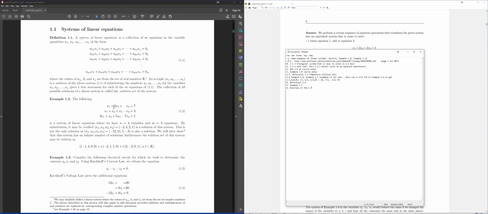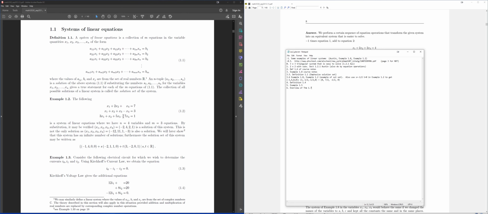Now, because your number of variables is more than the number of equations, remember I said that you have 3 possible cases: unique solution, no solution, and infinitely many solutions. Once you have more variables than equations, you can no longer have a unique solution.